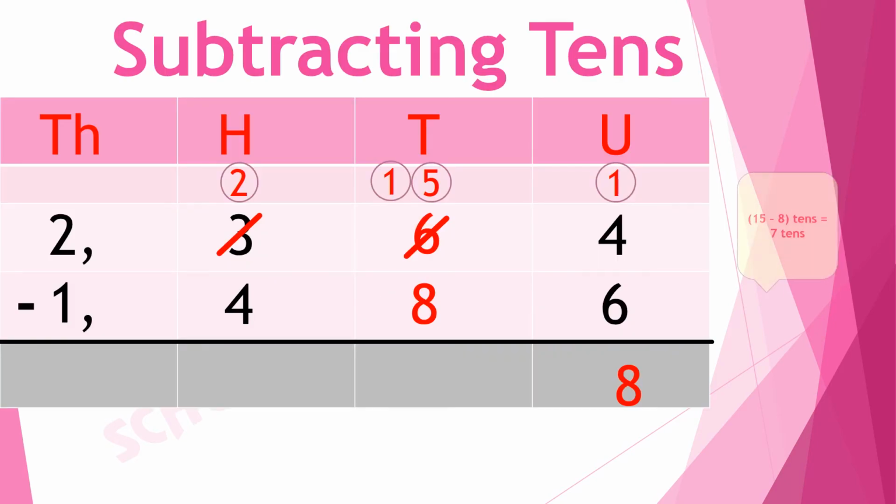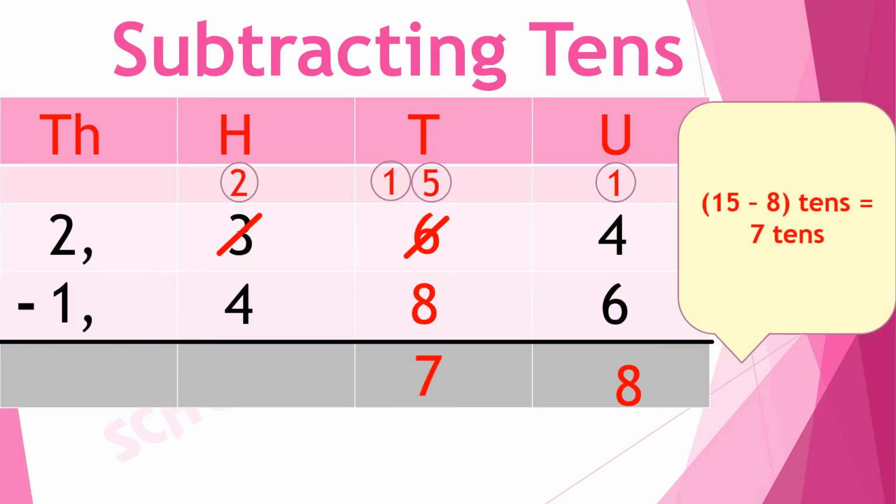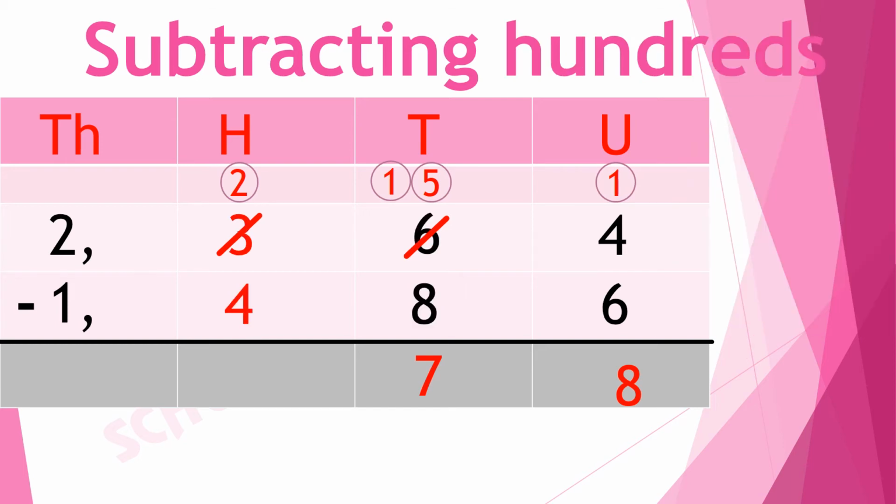Now count the shapes. 1, 2, 3, 4, 5, 6 and 7. We are left with 7 tens. We will write 7 in the tens column. Now we will move towards the hundreds.